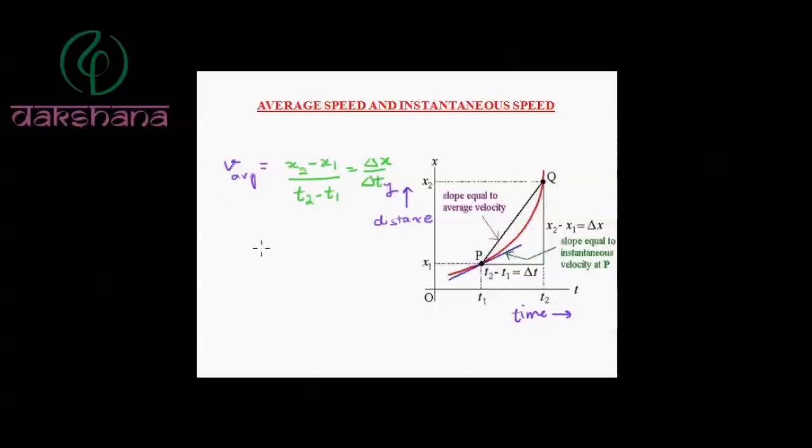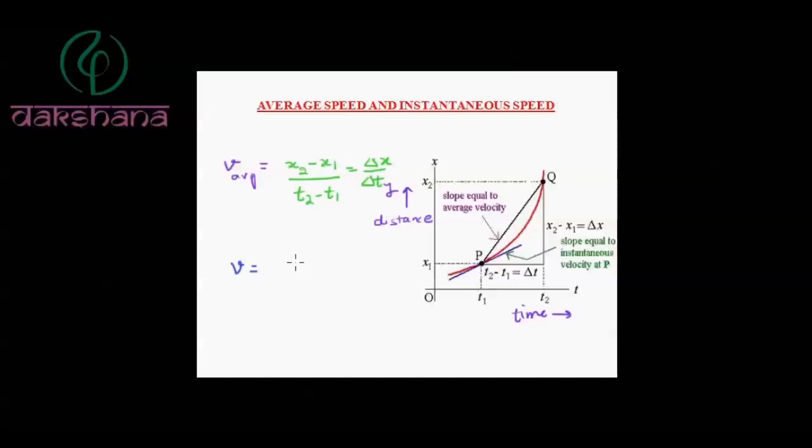But in the case of instantaneous speed, we see that v is the tangent to the curve of distance versus time. So it is the tangent at point P when Q gets closer to P and delta t tends to 0. In that case it will be the tangent to the distance versus time curve.